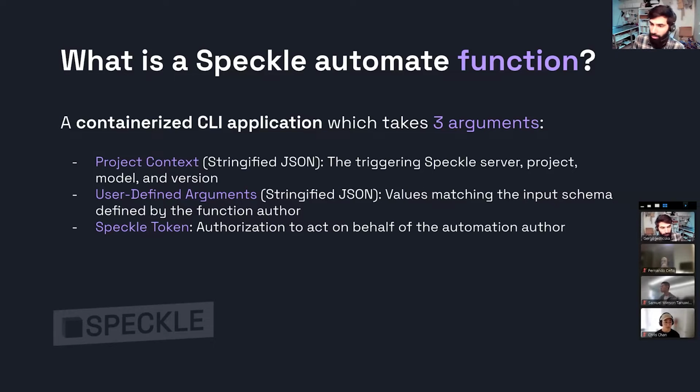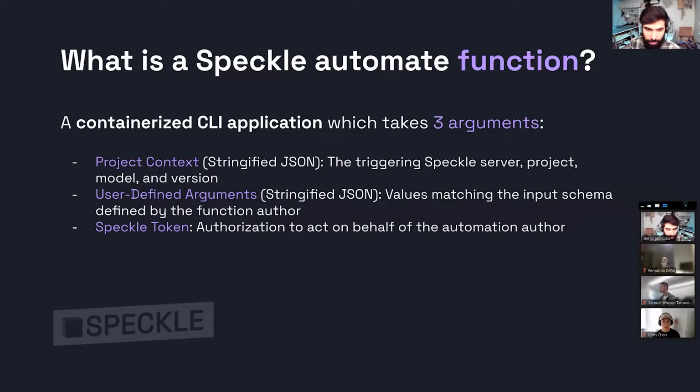The second thing it receives is the user-defined values that we configured when we registered an automation. What is important here is that you as a function author have the power to shape the schema of these values. So if we get there, we'll show you how you can define what sort of values, and in what bounds, users can supply to your functions.